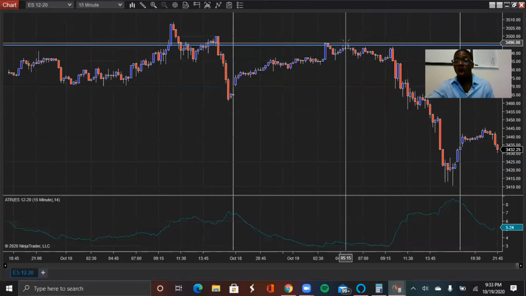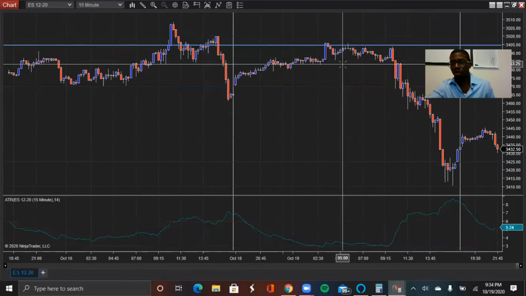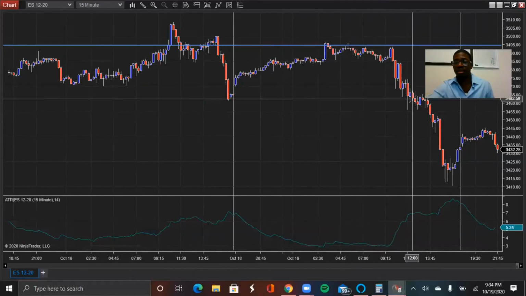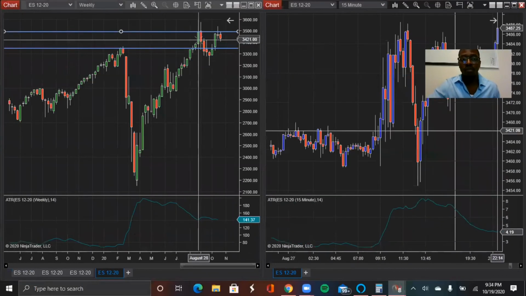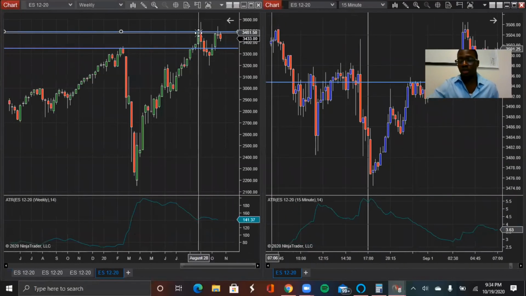But as we saw after that, after the entry, nothing but selling opportunity. You see that the market just kept on descending and descending, a lot of selling pressure. Why? I'm guessing because of price action that happened based off the weekly chart, okay? So if I'm going to summarize everything that's going on here, the way that I look for my intraday positions is I look at what's happening on the high time frame.